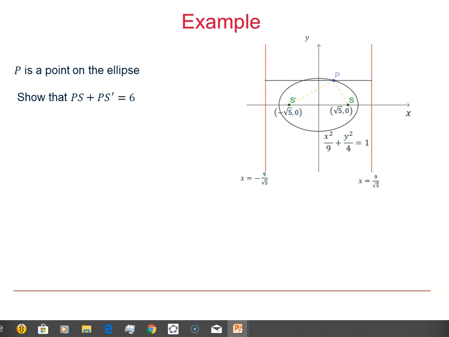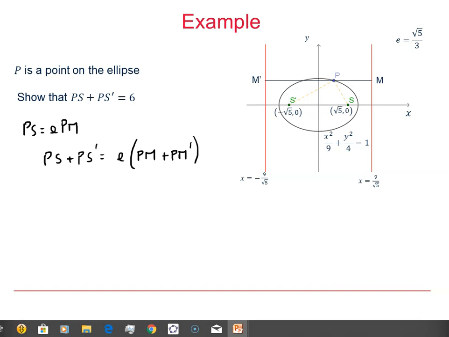However, there's a little bit of a trick: instead of using PS and PS dashed, we use the distances to the directrices, so PM and PM dashed, because we know that PS is equal to e times PM, and likewise for PS dashed, that's e times PM dashed. So therefore PS plus PS dashed must be equal to e multiplied by PM plus PM dashed.